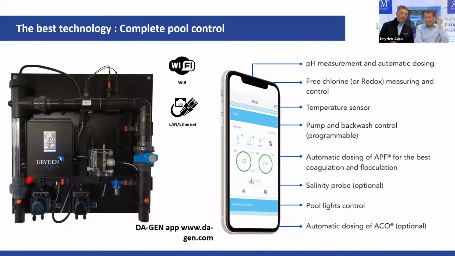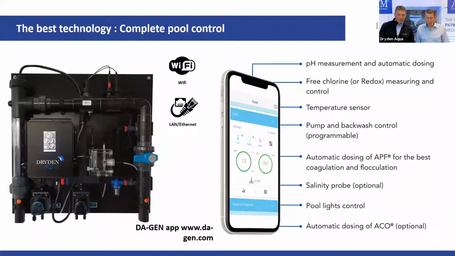This is the cell where you produce the free radicals and the chlorine. This box also controls your variable speed pumps: low filtration for night, medium filtration for day, and high speed for backwashing. As we explained before, we have a dosing pump for APF, and as an option, mainly for public pools, you can have salinity probes, etc.